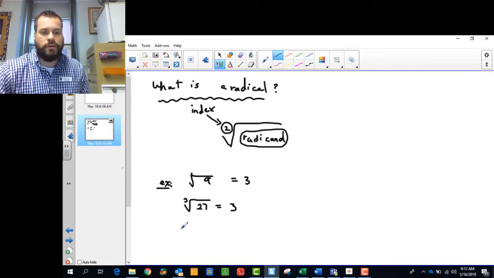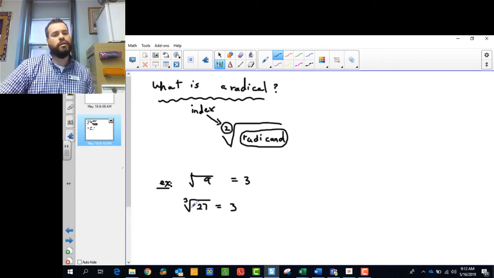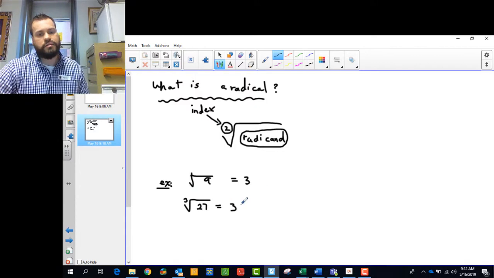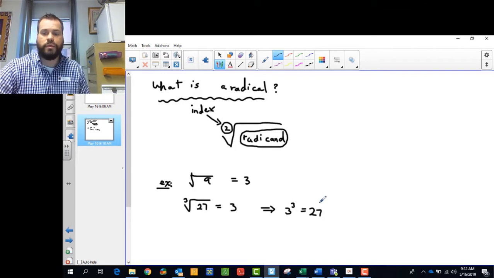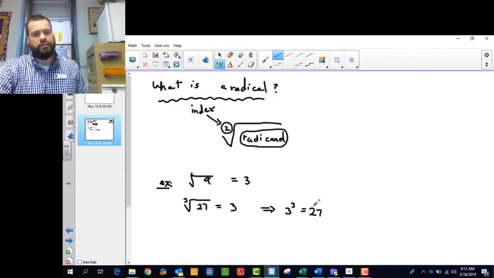You could have the fourth or fifth root, so you can have a different index up there, and you may not be used to seeing that, but all it means is the cube root of 27 is 3, because if you translate it into exponential form, 3 cubed is 27. So the index of the radical becomes the power of the result, to get back to the radicand. Okay, so that's the idea in terms of just what we're talking about. What is it that we're talking about? We're talking about a radical.